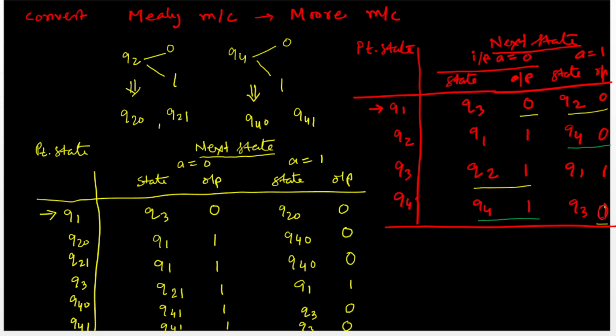So now from this table we just remove these outputs and create another table which will look like this: present state, next state, a equal to 0 and a equal to 1.